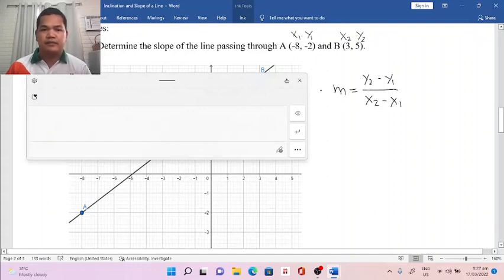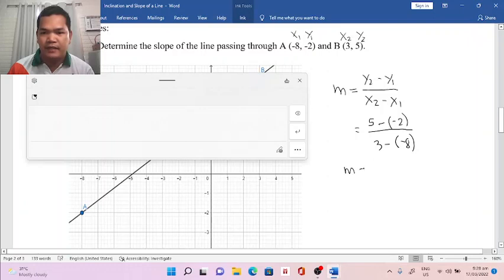With that, we're just going to substitute our coordinates. So we have y sub 2 is 5 minus negative 2 over 3 minus negative 8. So with this, we will have m is equal to 5. Negative times negative is positive, so that would be plus 2, and 3 plus 8.